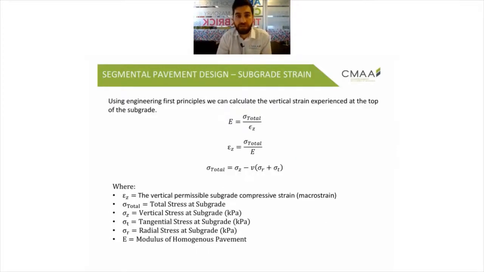We've got stress at the subgrade. We've got a modulus now of subgrade quality material. So we can now determine our vertical strain value at the subgrade, and vertical strain being the deformation of the subgrade. So we're converting our sigma value into an epsilon z value, which is ultimately what the formula uses to determine repetitions, okay?